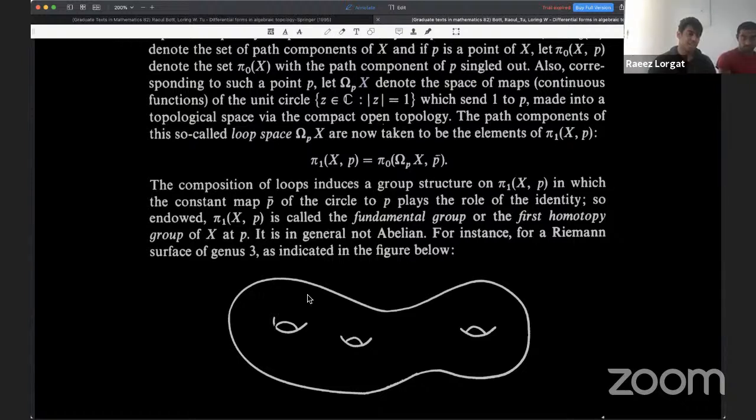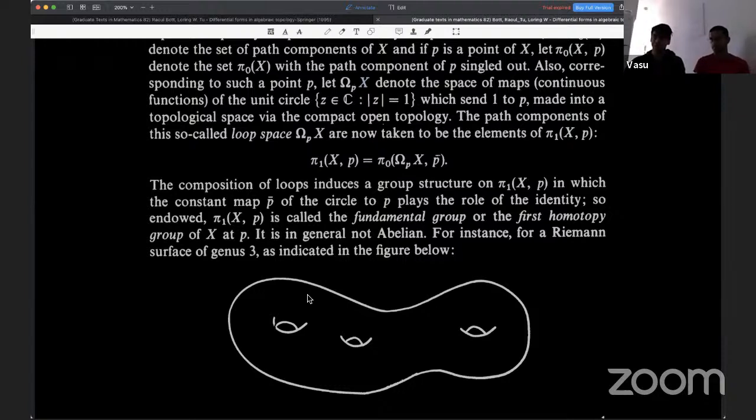And so we started with our nice genus 3, you know, 3-hole donut, and now we construct some huge infinite dimensional space, the loop space that's based at the fixed point. And so you can think of varying the point P, and you're constructing a family of infinite dimensional spaces as P varies.